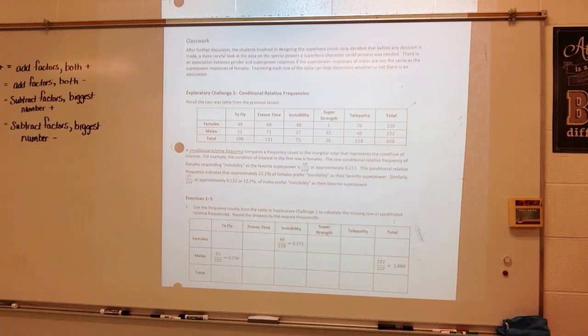This conditional relative frequency indicates that approximately 21.1% of females prefer invisibility as their favorite superpower. Similarly, 27 over 222, or approximately 0.122, or 12.2% of males prefer invisibility as their favorite superpower.